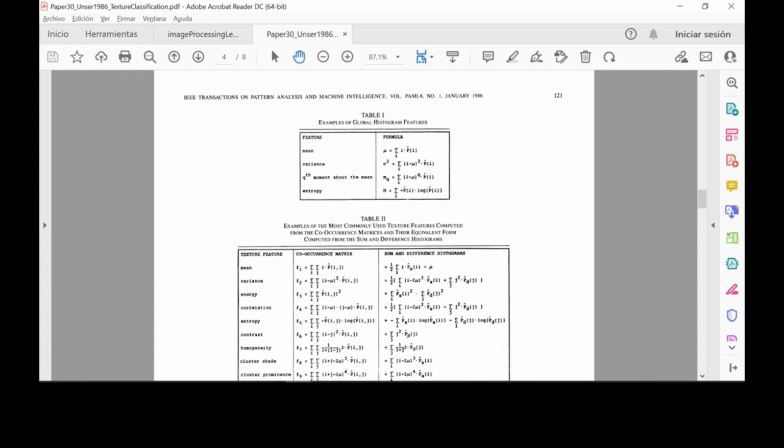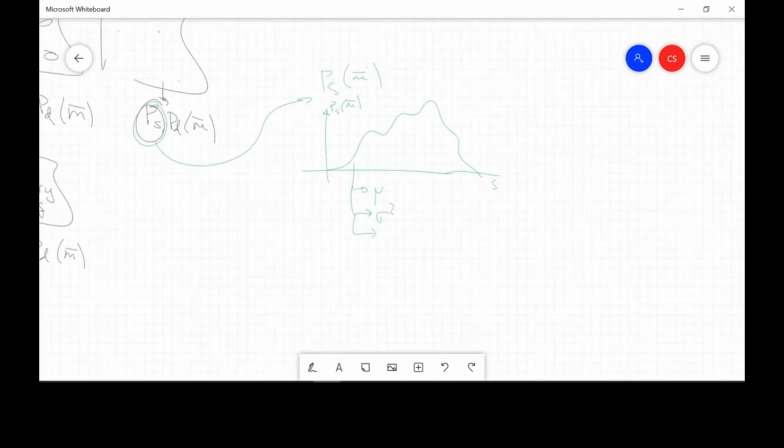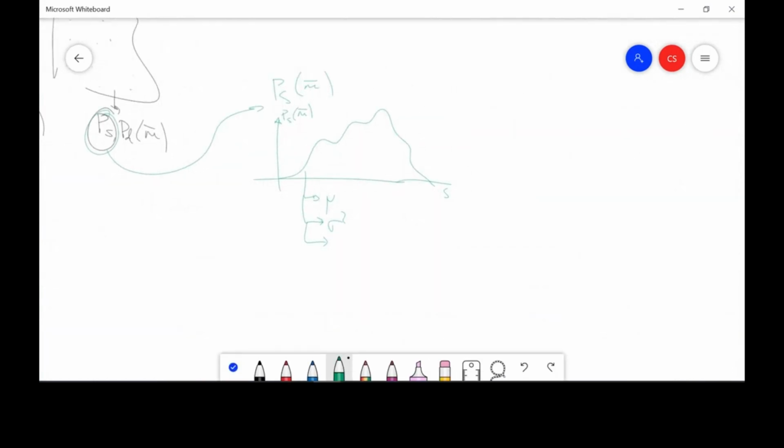I didn't want to get into entropies, but I think this idea is interesting for you to know. You may have a distribution that is uniform, where this is the probability of S, and this is epsilon.